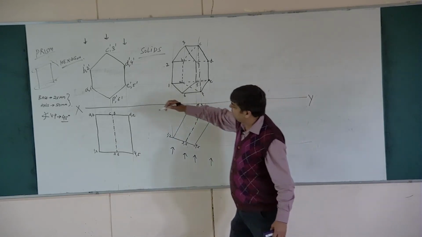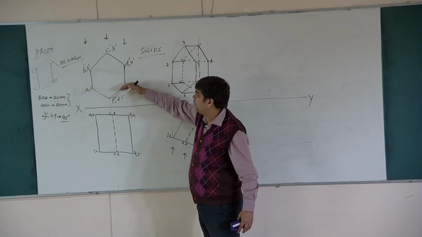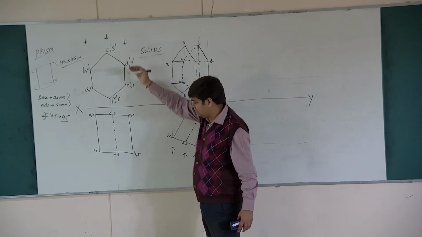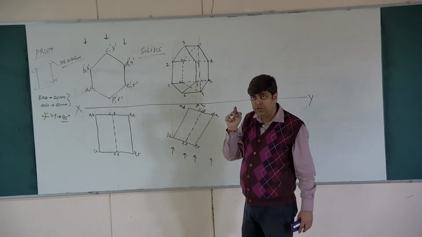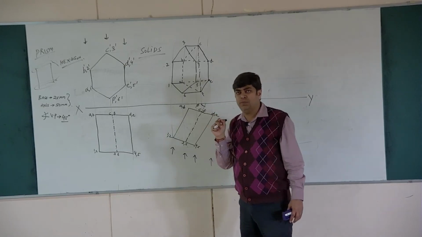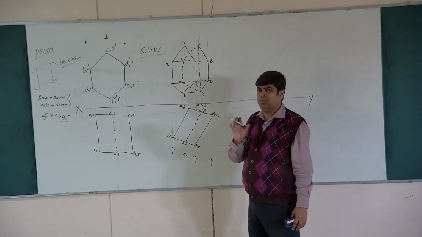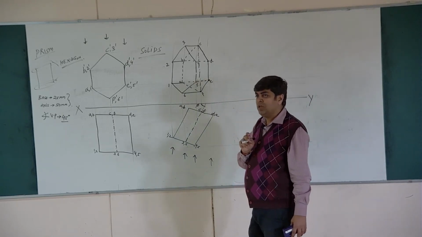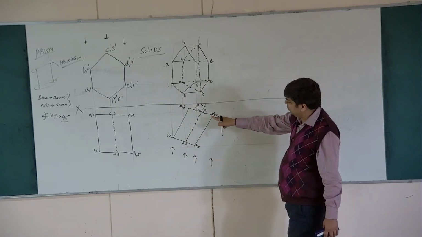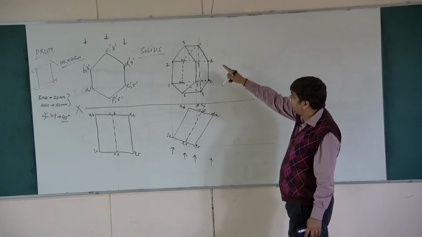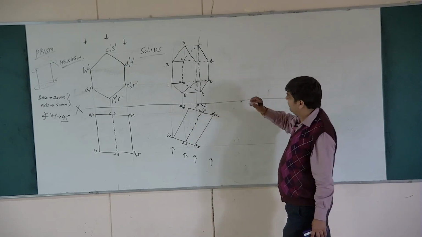The points which are nearer to xy, they will be hidden. The points which are far away from xy, they will be continuous. If a continuous point overlaps or superimposes a hidden point, it will always be continuous. So you have to remember these things. And number 3, axis line has to be shown dash dot dash dot dash dot, and hidden line dash dash dash dash dash.